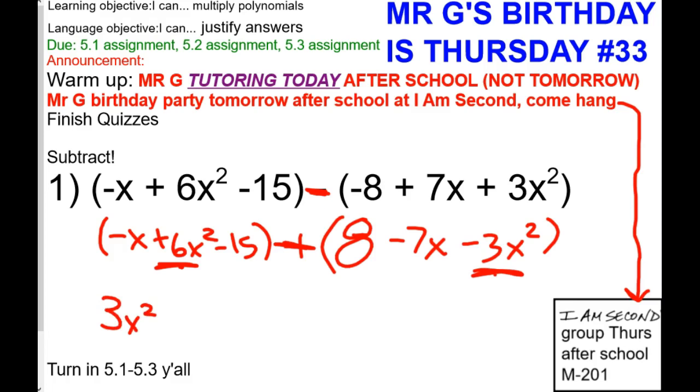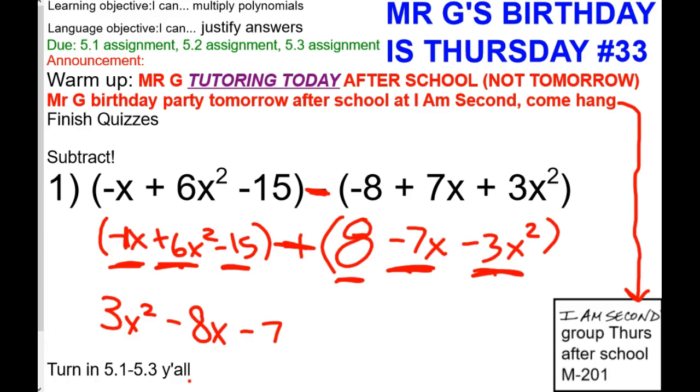And then the x's, if I have a negative sign, that's really negative 1. And then this over here is a minus 7, right? Negative 1 plus negative 7, or negative 1 minus 7, negative 8x. And then my constants, a negative 15 plus an 8, negative 7. So those two trinomials, when I subtracted them, I got another trinomial, okay?